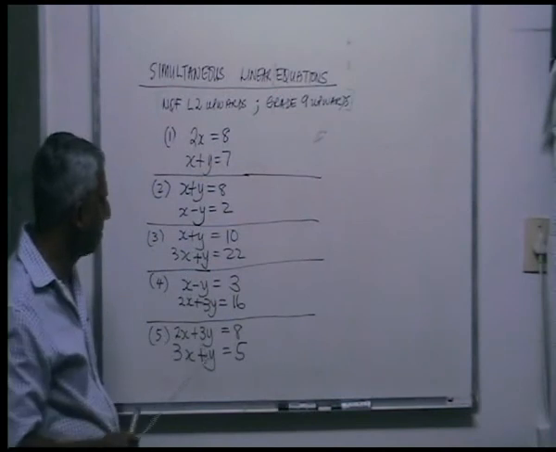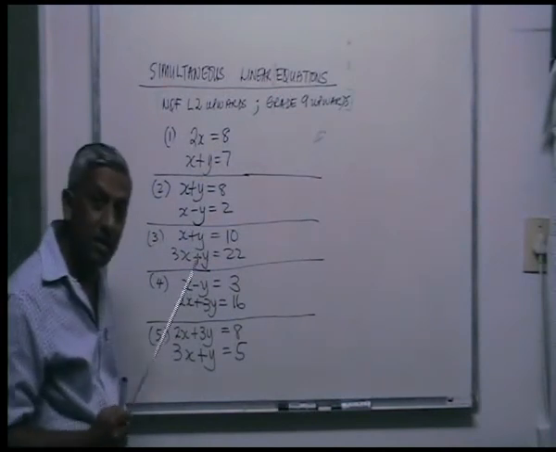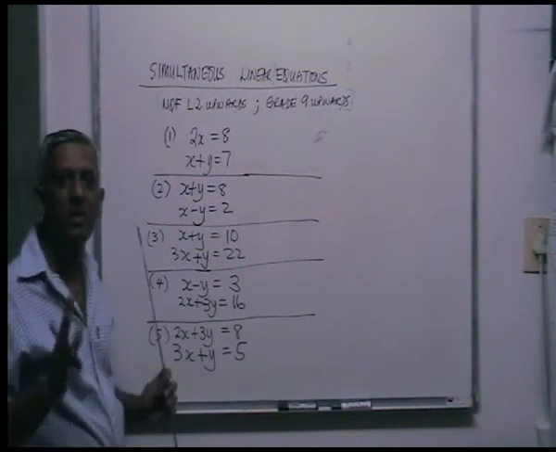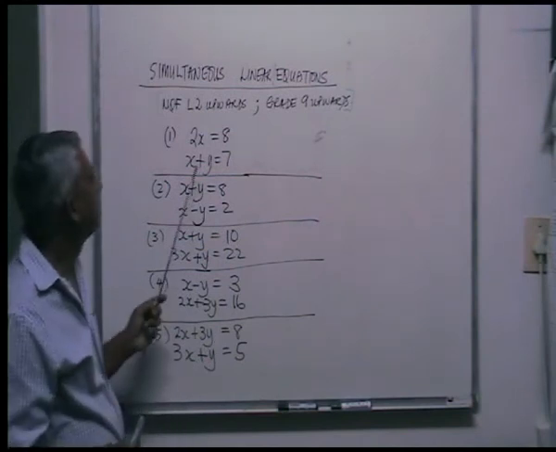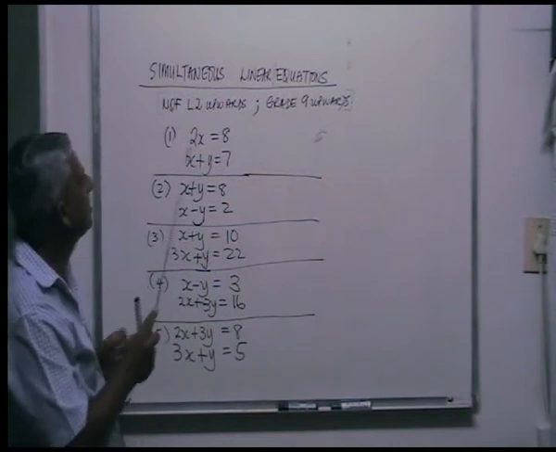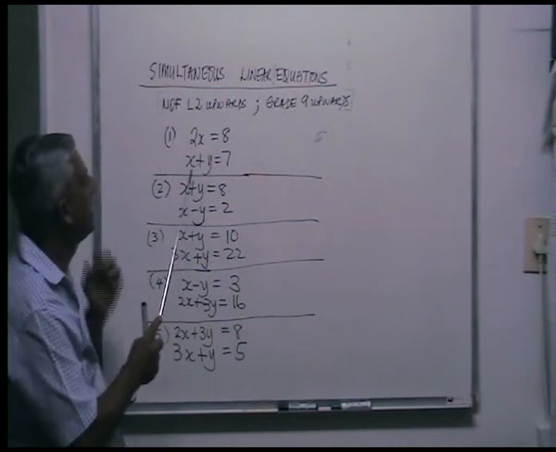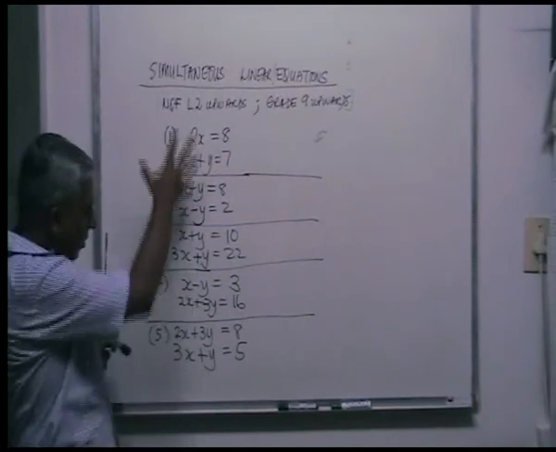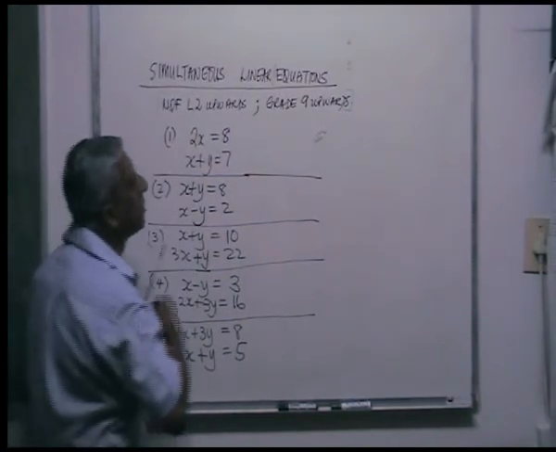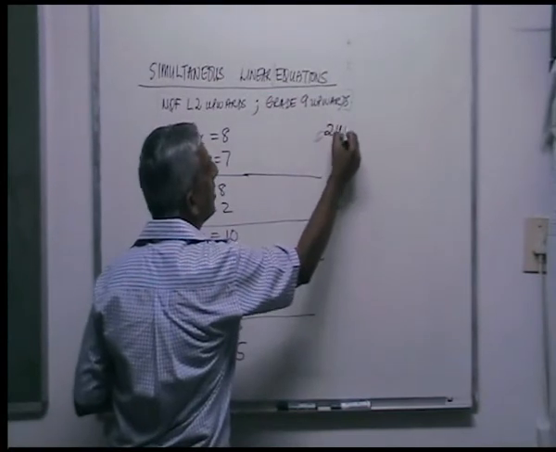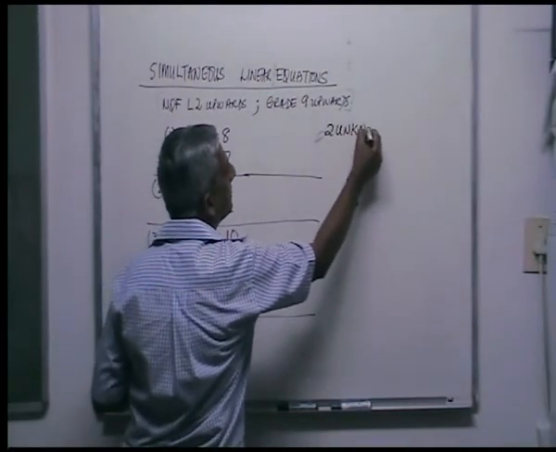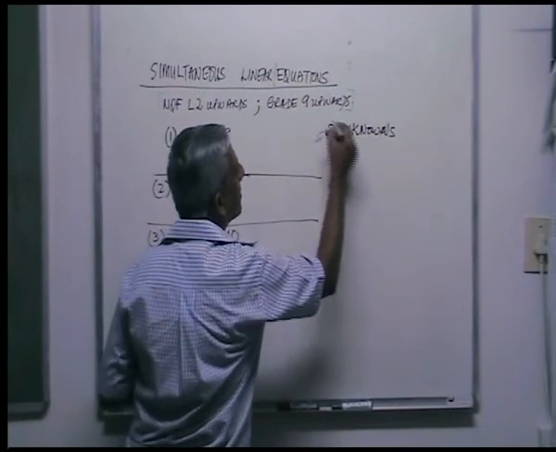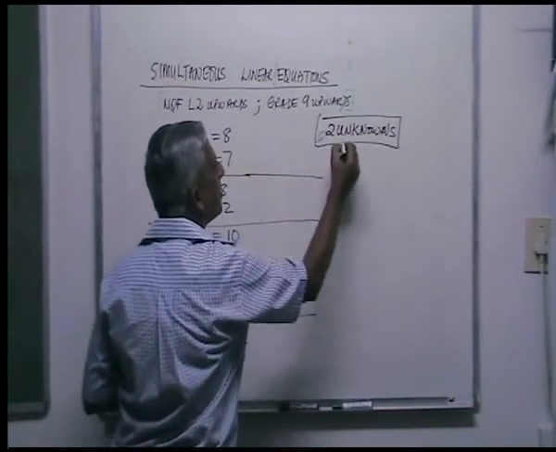Now here's a number of equations, and each equation will have its own method of solving. You can't use one method for all the equations. So let's first talk about a few things. You see there are 2 unknowns here. X is one unknown, Y is the other. So all these equations have 2 unknowns.